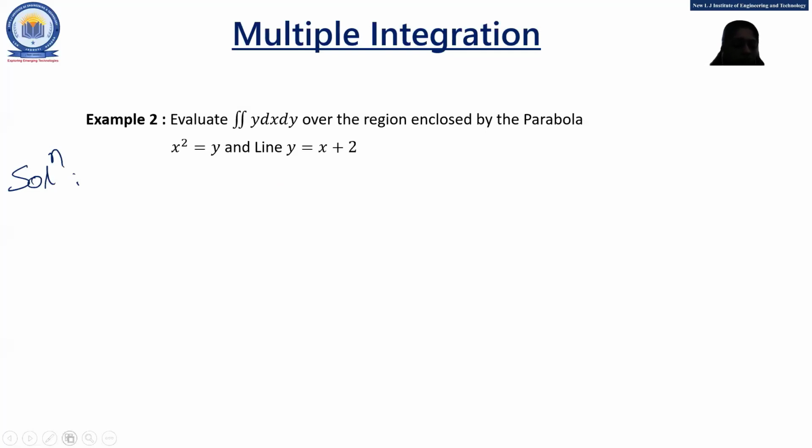I expect the response from all of you. Please give me the answer. What is the meaning of x square y? Yes, answers are coming, but still waiting for more responses. I expect the response from all of the students, not from the particular 5 to 10 students.